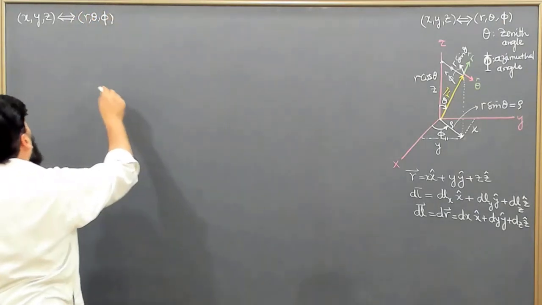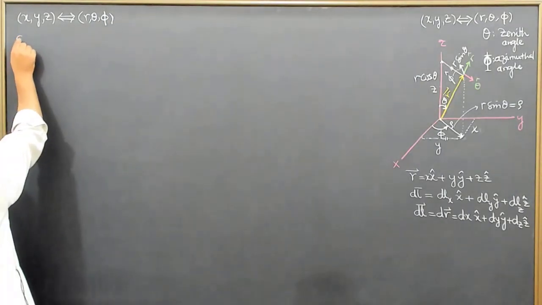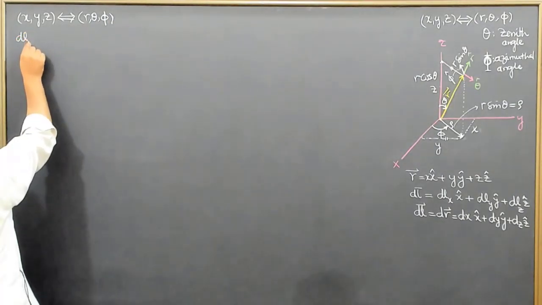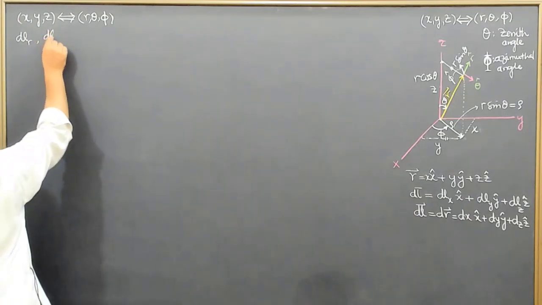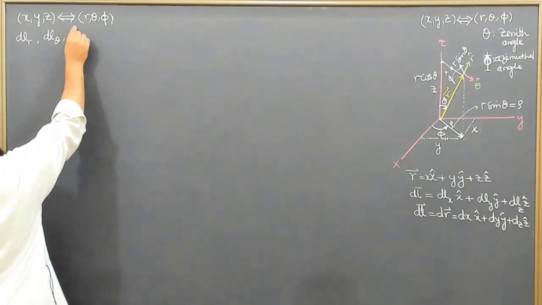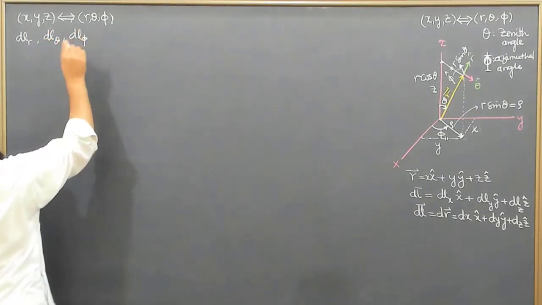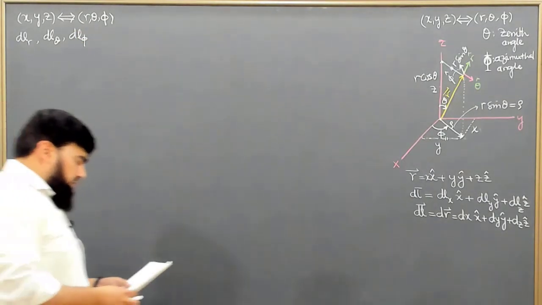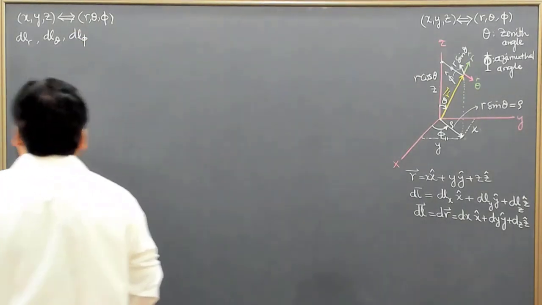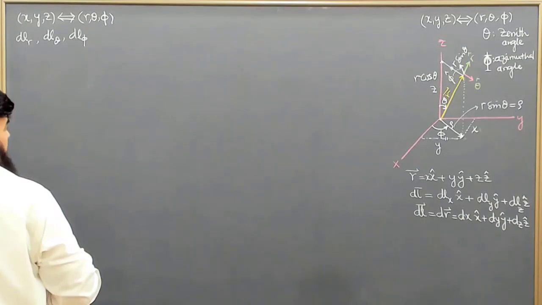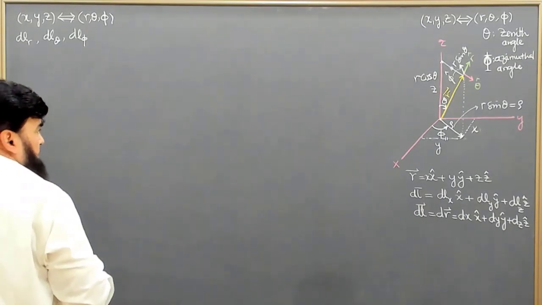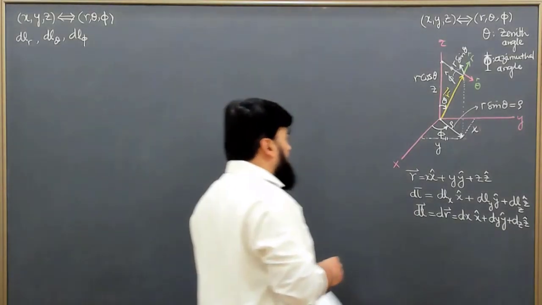So we will have the length elements like dl r, similarly dl theta and dl phi. We will have our length elements like this. Now what dl r will be equal to, we will calculate that one.